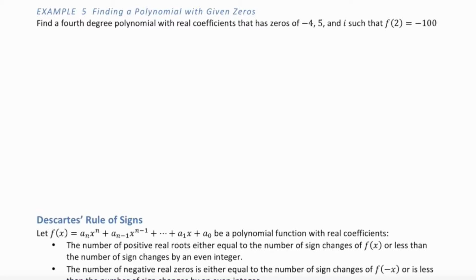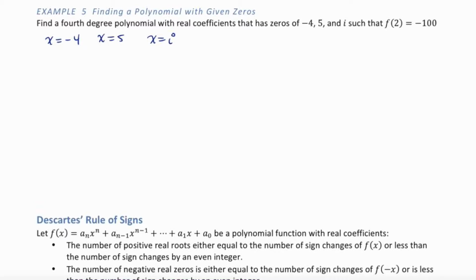So our zeros tell us that x equals negative 4, x equals 5, and x equals i. Now, since x equals i is a zero, what else do we know? What theorem should we reference here?